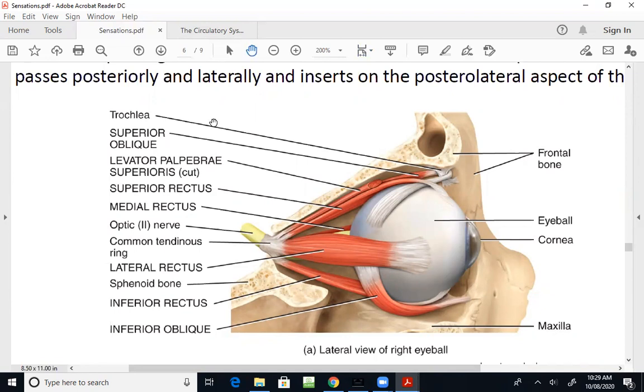So now people that have, quote unquote, a lazy eye, a lot of times it is due to some irregularities that exist in some of those various muscles of the eye. So that's where that kind of comes from.